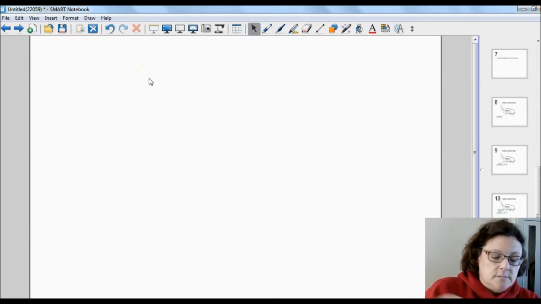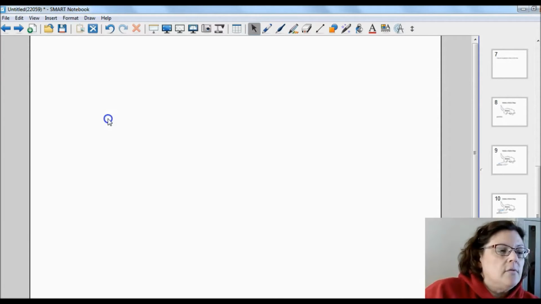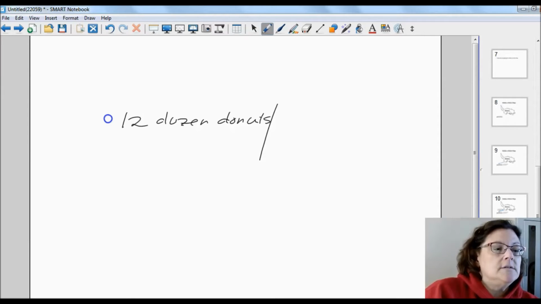Why are we doing this? Well, if we have 12 dozen donuts and we want to know how many donuts that is, we multiply to go from dozen to donuts. There are 12 donuts in 1 dozen.